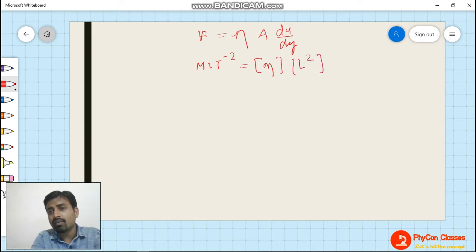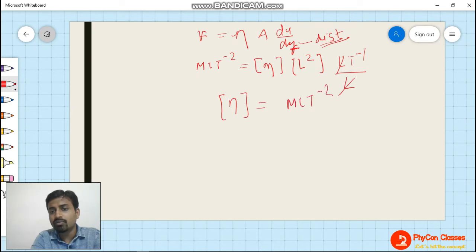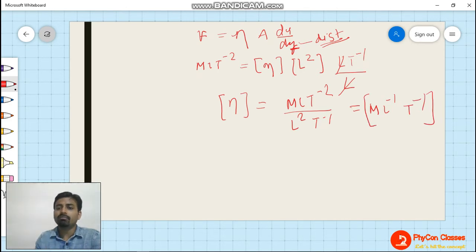The dimension of velocity is LT minus 1. Y represents distance, and hence the dimension will be L. So L and L got cancelled, leaving L square T minus 1. So the dimension of eta is going to be MLT minus 2 divided by L square T minus 1, and hence the final dimension is ML minus 1 T minus 1. This we need to remember. Write it down, because I am going to rub it off to find out another derivation. Stop the video and write it down.